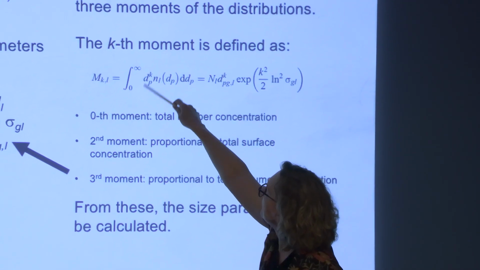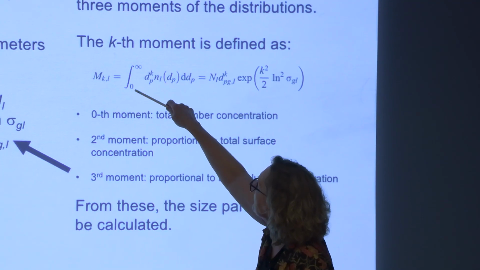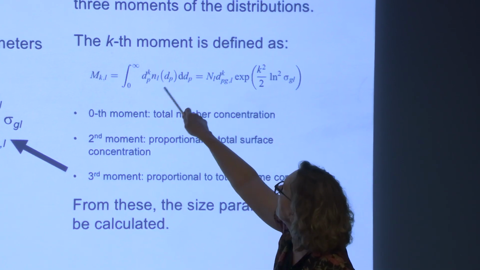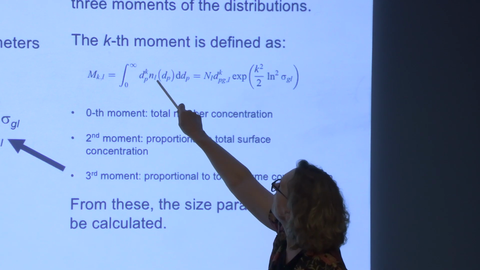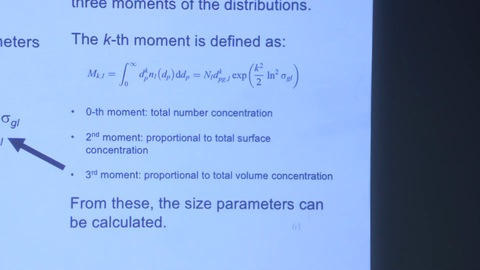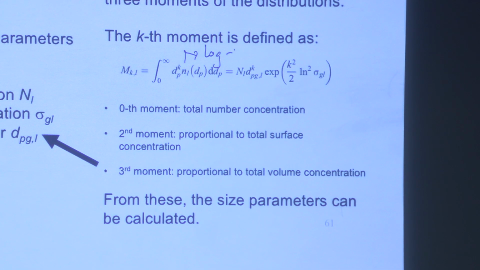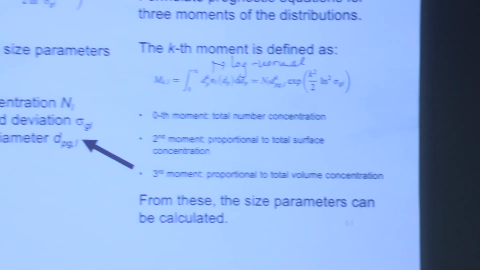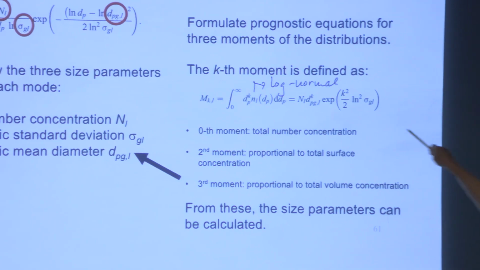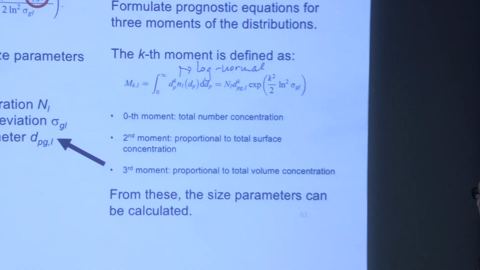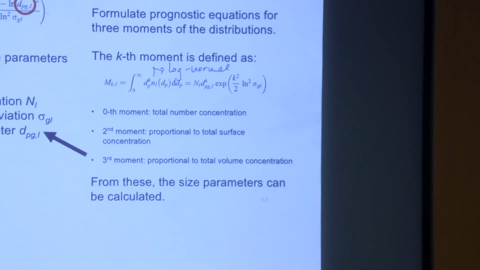These integrals appear a lot, and you can analytically integrate them assuming that n is a log normal, right? And believe it or not, you actually get this result. So that's the principle of modal models.